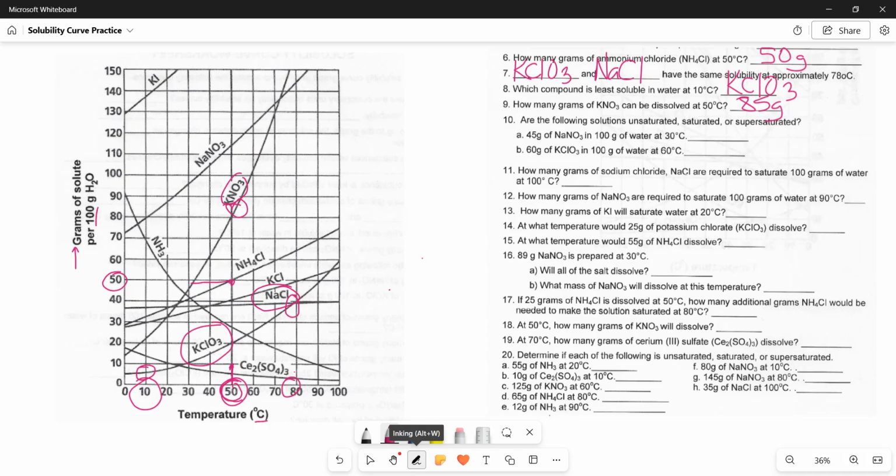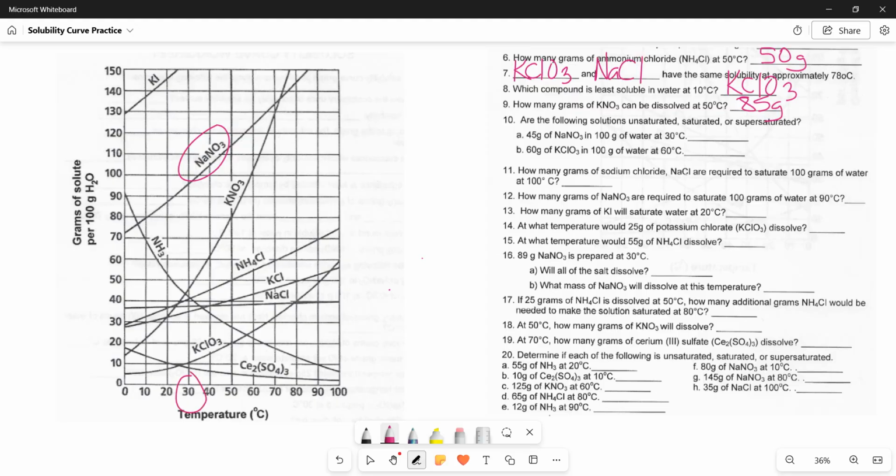Question 10 says, are the following substances considered saturated, supersaturated, or unsaturated? Well, let's just erase some stuff that we have on here, and let's look at where we're at, where we have 45 grams of sodium nitrate, which is this substance here, at 30 degrees.